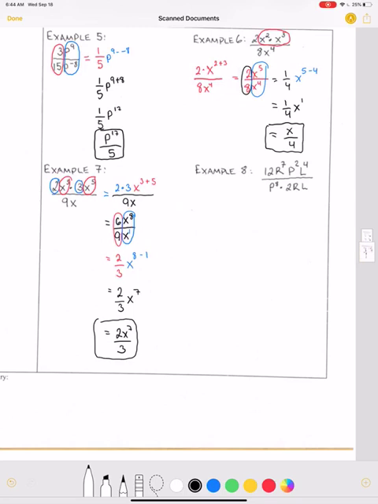Our very last example. This is pretty much the same as any of our other examples, except up top I have 3 letters, in the bottom I have 3 letters. They might not be in the same order in the top and bottom, but that's fine. We're just going to match our letters and our numbers. To start us off, I have 12 over 2.